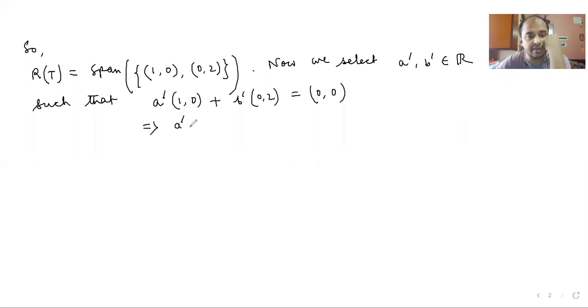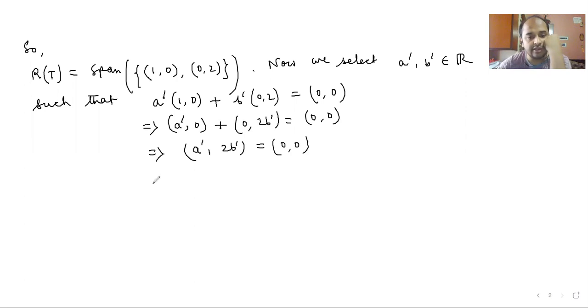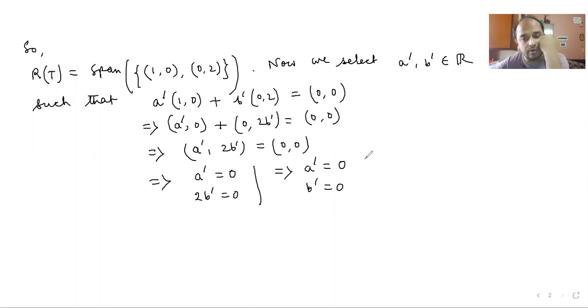So this becomes (a', 0) + (0, 2b') = (0,0), and therefore (a', 2b') = (0,0). This implies a' = 0 and 2b' = 0, so a' = 0 and b' = 0. This implies (1,0) and (0,2) are linearly independent.